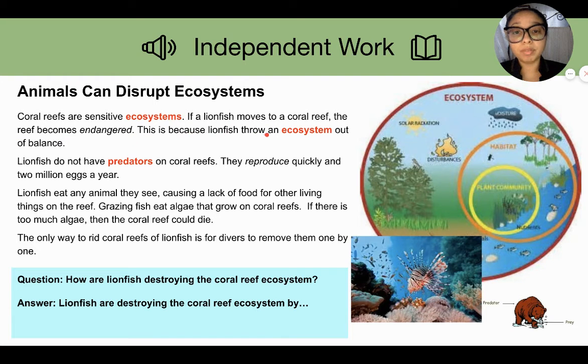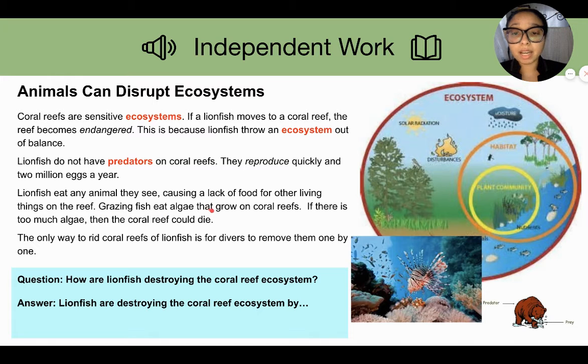This is because lionfish throw an ecosystem out of balance. Lionfish do not have predators on coral reefs. They reproduce quickly, laying 2 million eggs a year. Lionfish eat any animal they see, causing a lack of food for other living things on the reef.